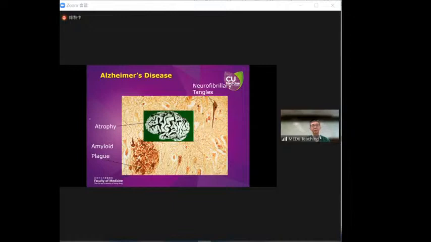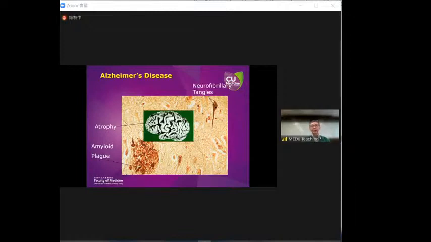When she died, Dr. Alzheimer examined her brain and found lots of plaques. Now we know that the plaque is caused by beta amyloid protein, an abnormal extracellular protein, and this beta amyloid is neurotoxic.